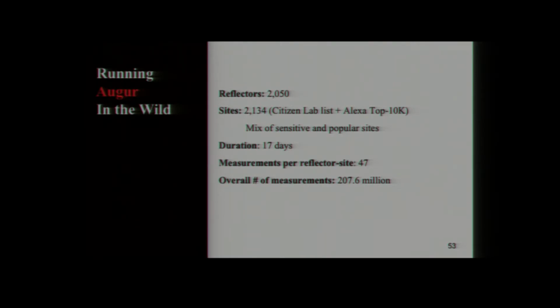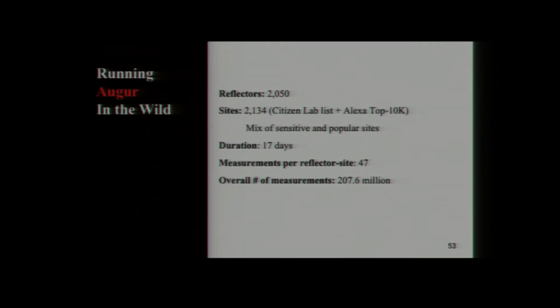When the technique was established, to test it and show that it's a scalable system for measuring TCP/IP blocking globally, we selected 2,000 reflectors in 180 countries. We chose 2,000 sites, 1,000 of them sensitive websites from an NGO called Citizen Lab.